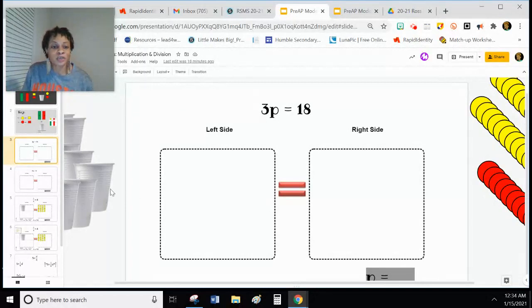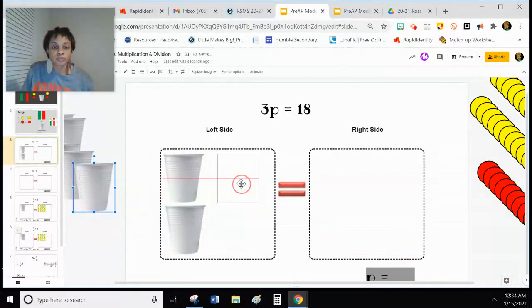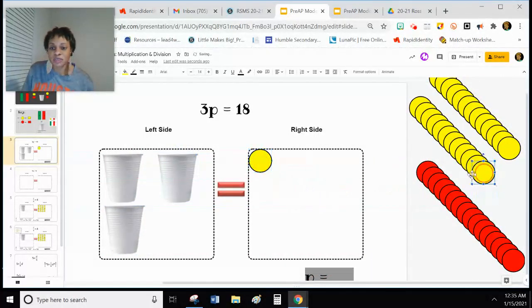So here it says 3p, so I'm going to represent that with 3 cups. And then it says equals 18, so I need 18 positive, or yellow, counters.